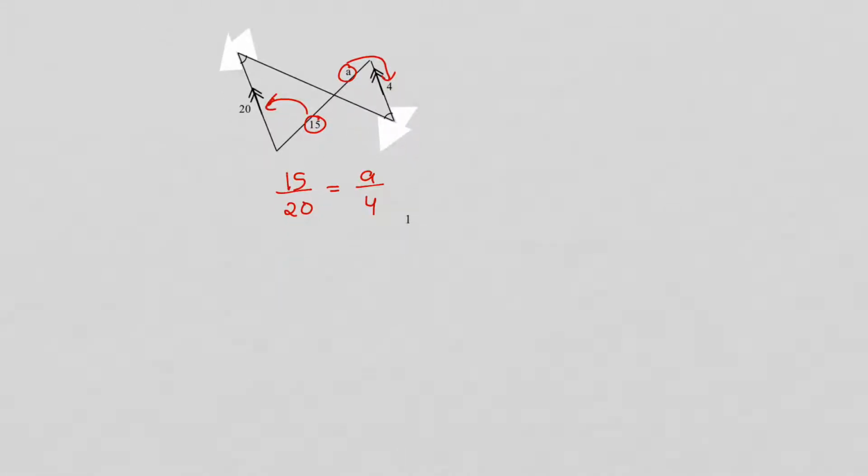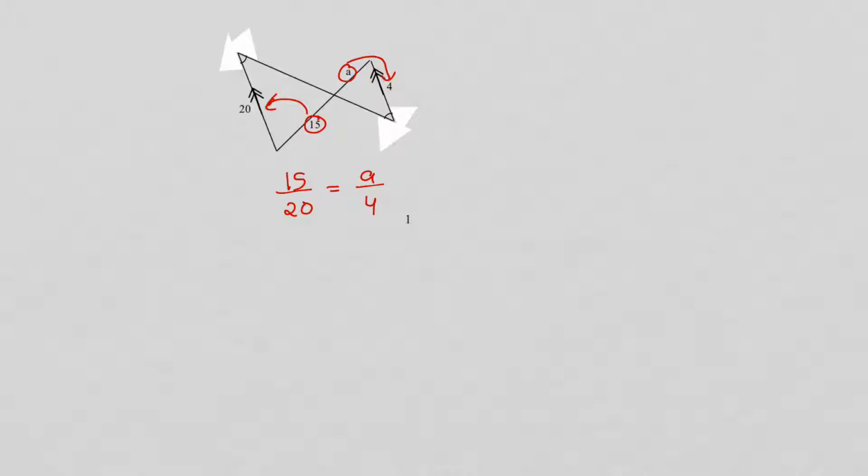So I can do 15 over 20 if I want. And then that means I got to do the same order. So I'm going to do the number that's not marked to the number that has the arrows. So I'm going to start here, and I'm going to go this way. Okay.